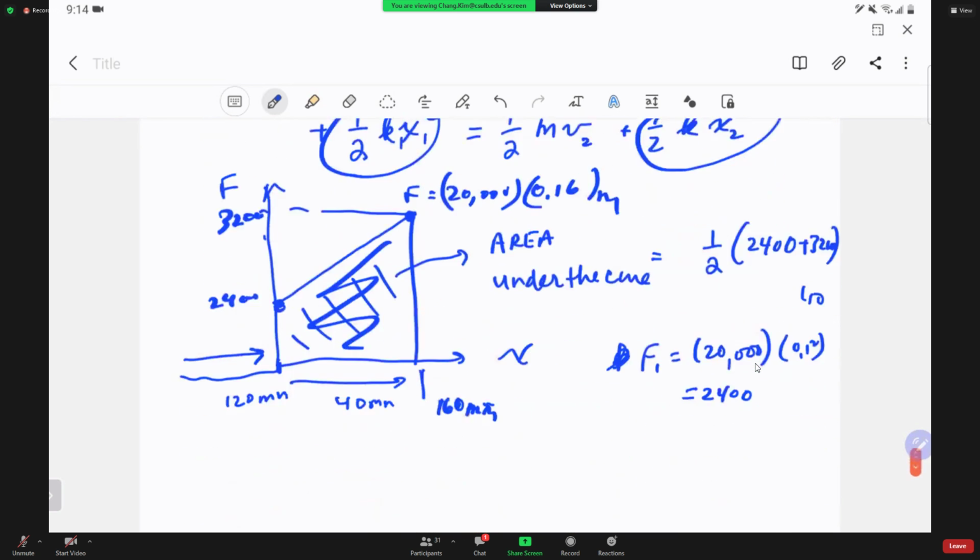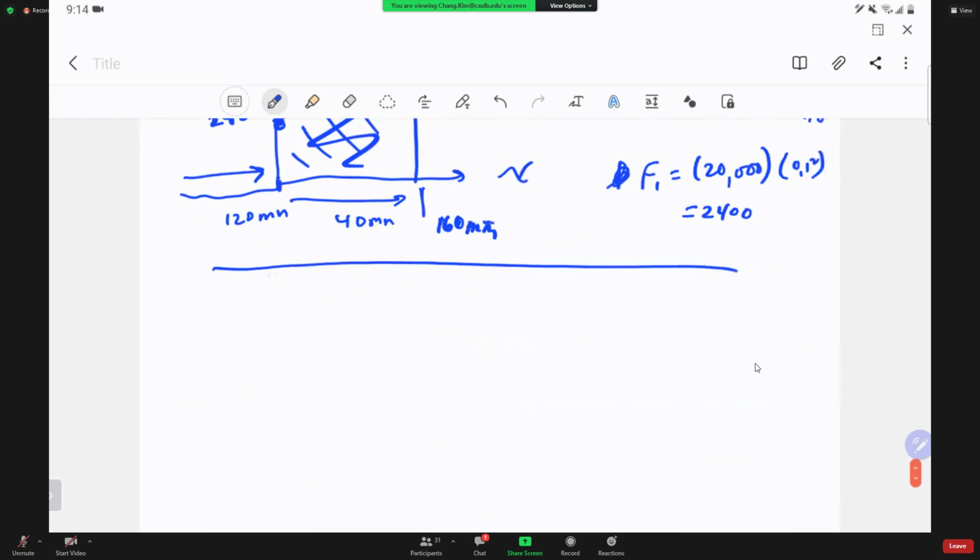So let me rewrite those again. That's going to be T1, the kinetic energy, plus the work done by the external forces going from 1 to 2, equals the kinetic energy at 2.